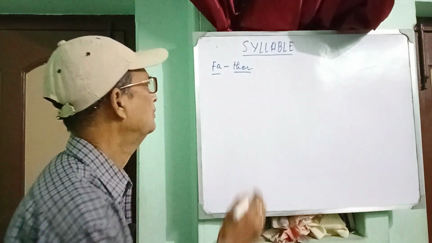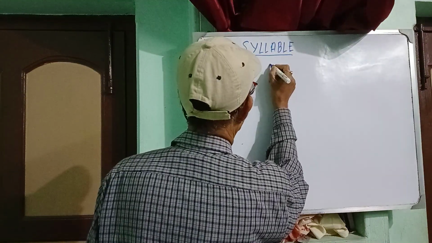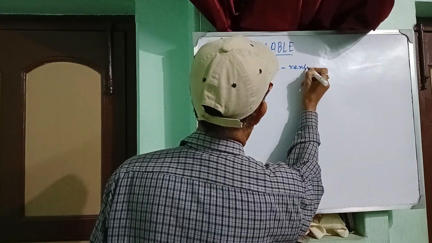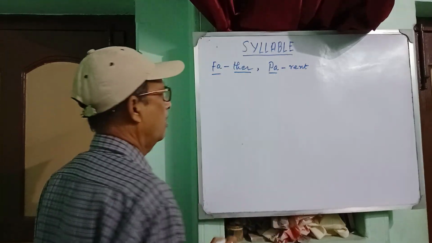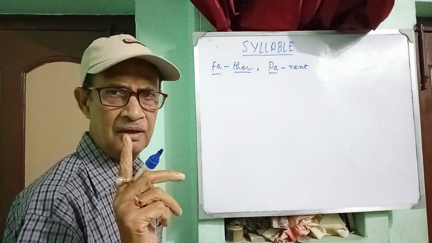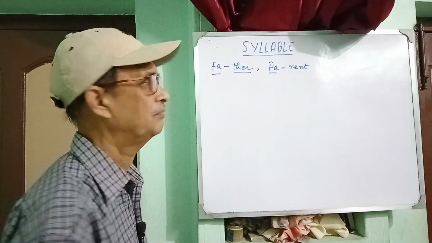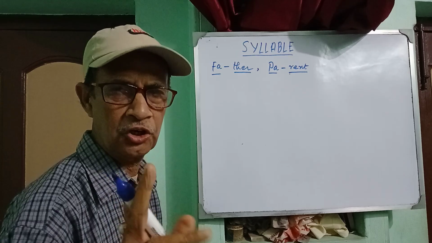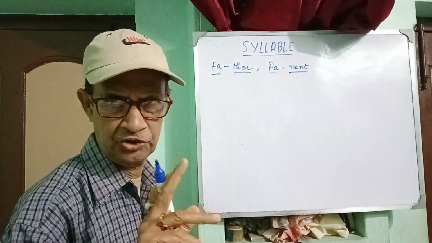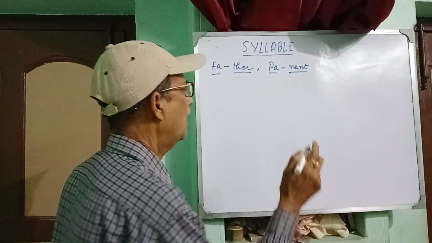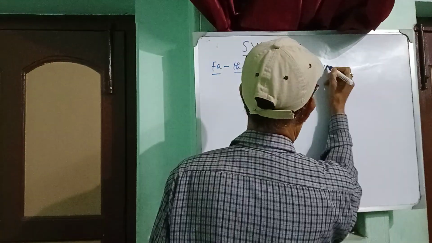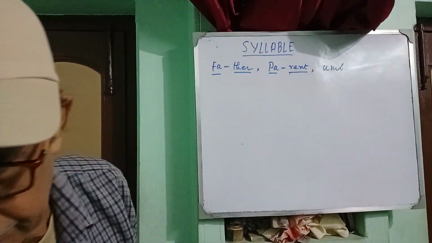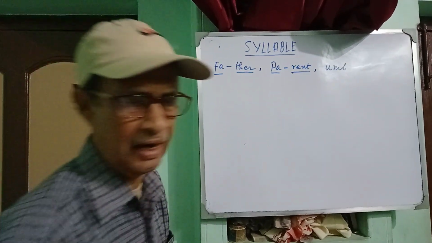For example, parent. Parent. So PA, that is one vowel sound, rent. Parent. So two vowel sounds.